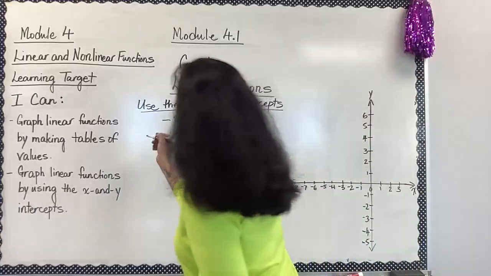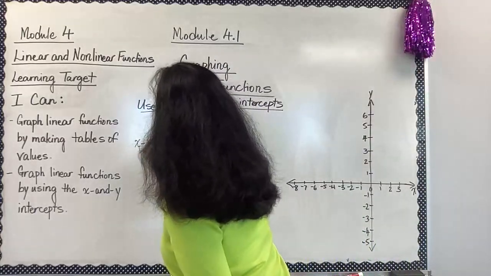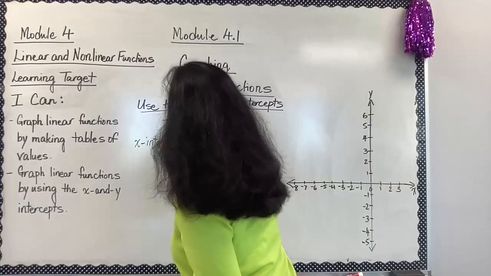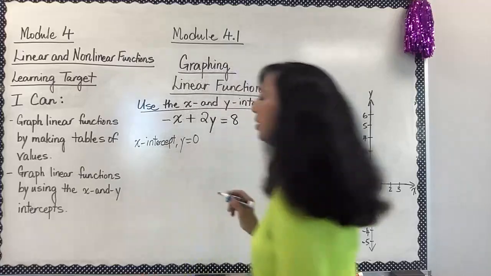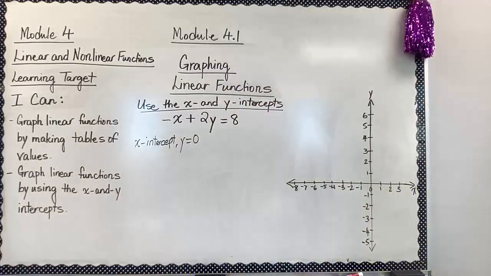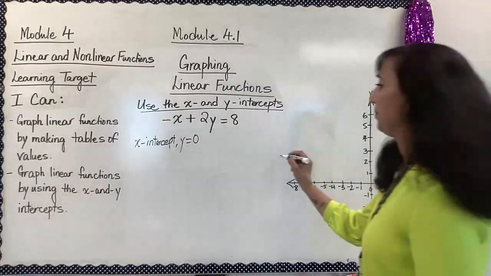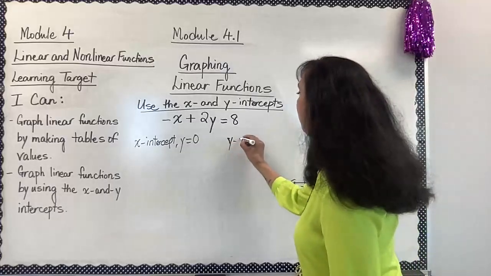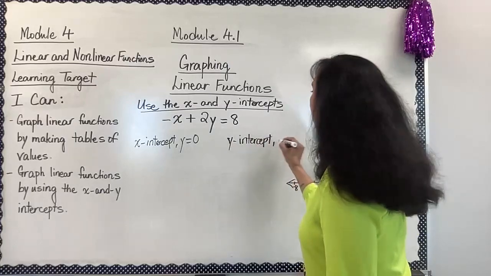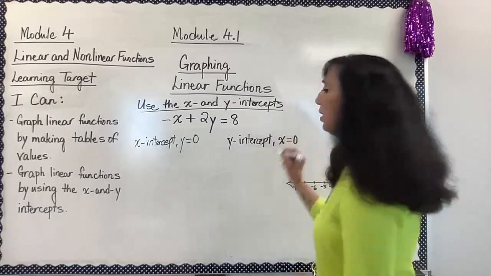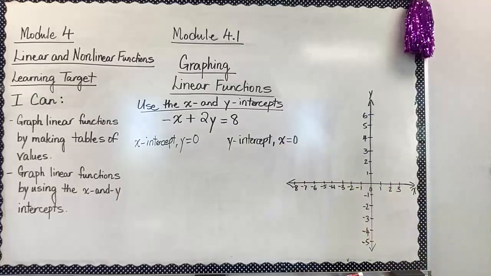So for the x-intercept, y is equal to 0. And if I'm trying to find the y-intercept, then x will equal 0.